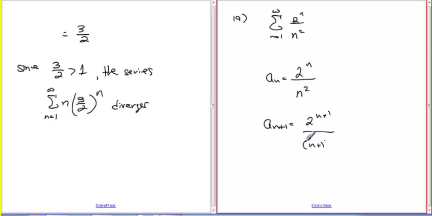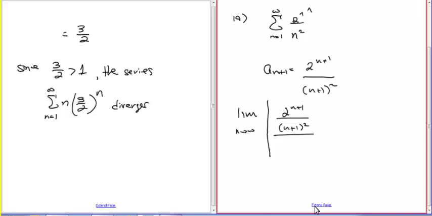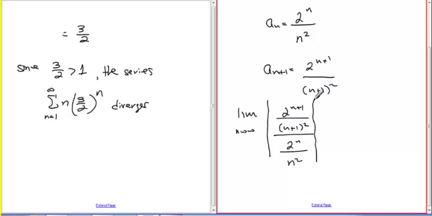So we look at the limit as n goes to infinity of this ratio, 2 to the n plus 1 divided by n plus 1 squared. That's a sub n plus 1 divided by a sub n. In this case, we do take the reciprocal of the denominator to make this into a multiplication problem.